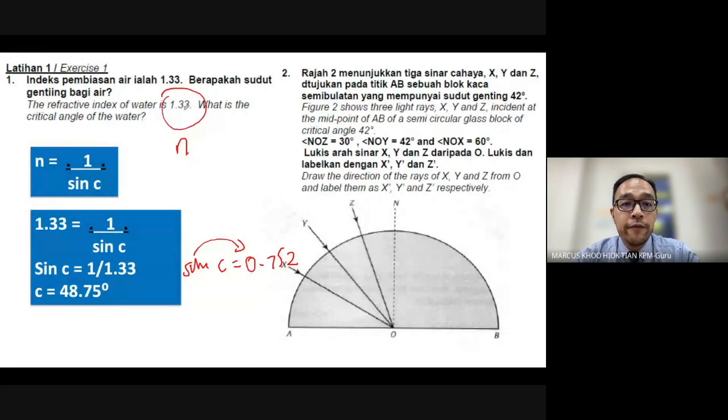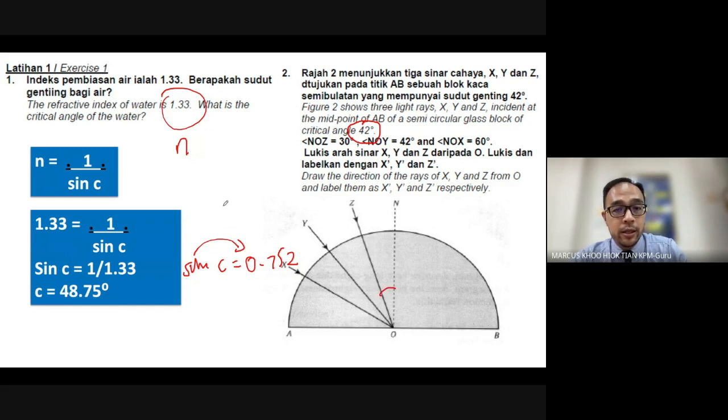Let's go with the second question. Figure 2 shows 3 light rays, X, Y, Z, incident at the midpoint of AB over here, O. The critical angle is 42. Then they say NOZ is 30. So this now tests our understanding.